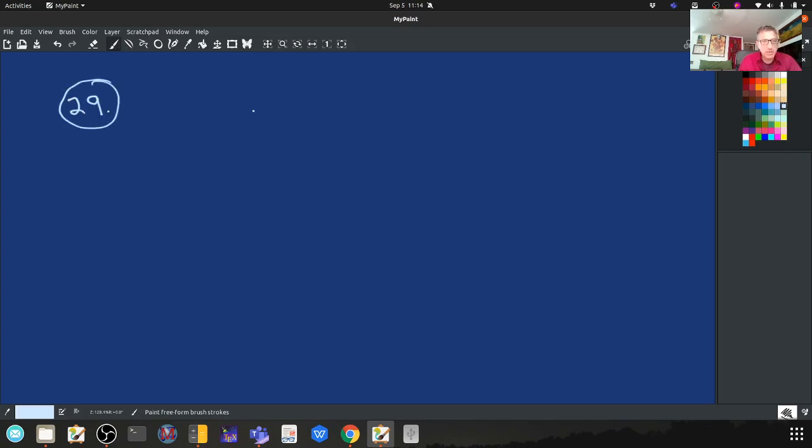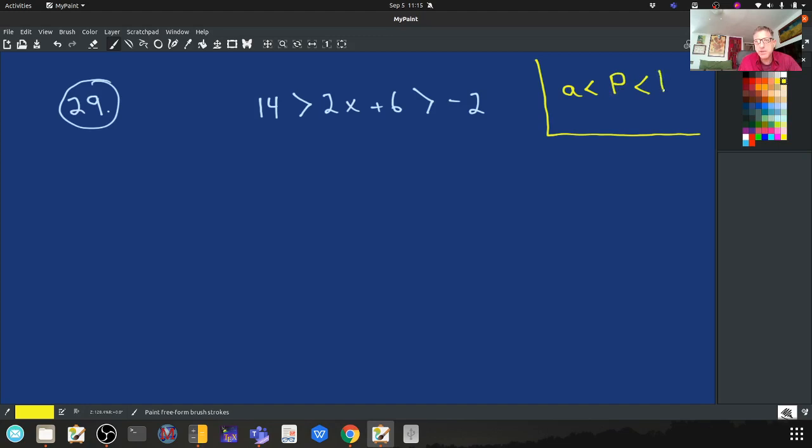So this is an inequality. We have 14 is greater than 2x plus 6, which is greater than minus 2. And this is kind of out of order, right? You're used to seeing some number a less than some algebraic expression p, where p stands for a polynomial, for example, which is less than some number b.